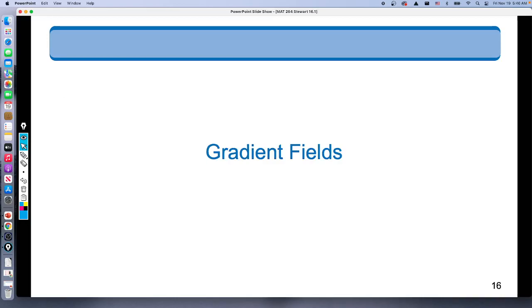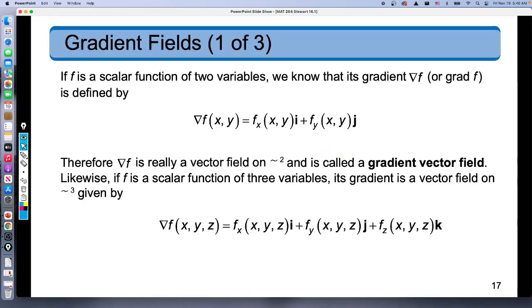For this section, the last part we're going to look at is gradient fields. So let's talk first. What is a gradient field? Remember, we came up with a gradient when we took the partial derivatives of a function, and the x partial was the i component of a vector, and the y partial was the j component of the vector.